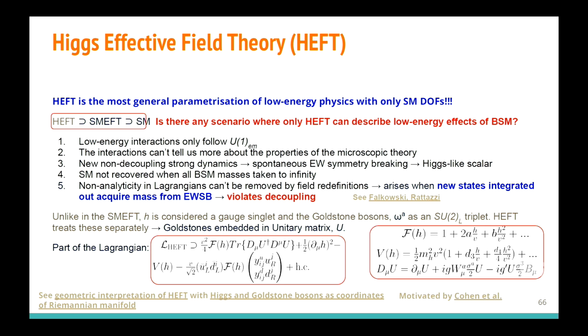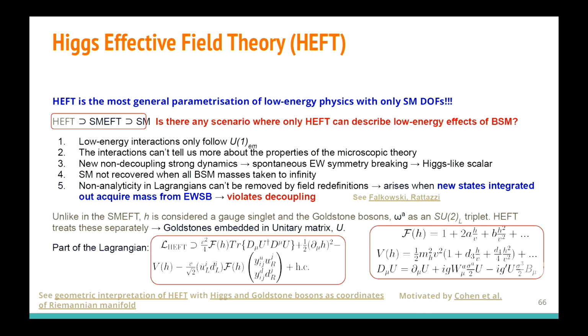However, in HEFT, if there are non-analyticities in the Lagrangians, they cannot just be removed by field redefinitions and they will stick around. So these would arise when new states are integrated or acquire masses from the standard model like electroweak symmetry breaking. So this will violate the decoupling.